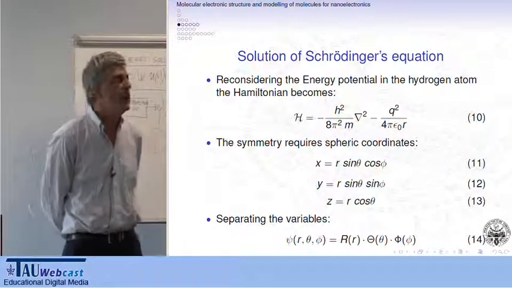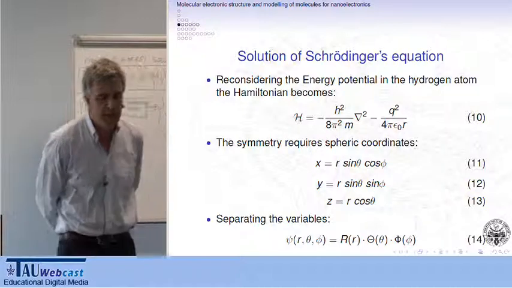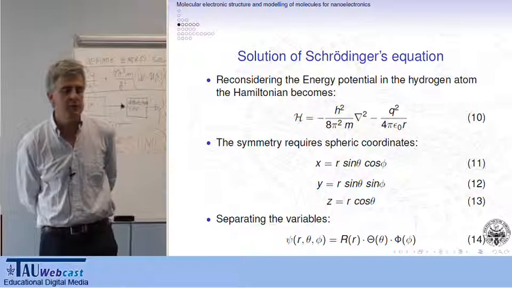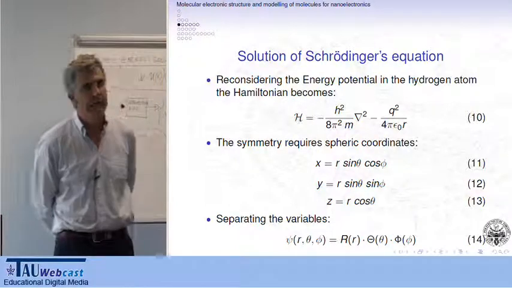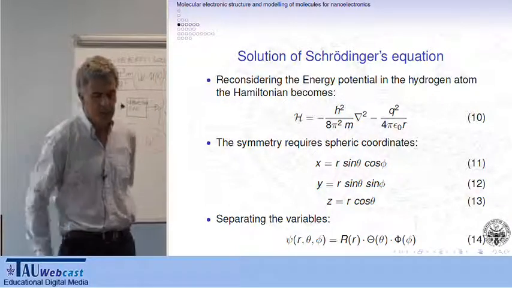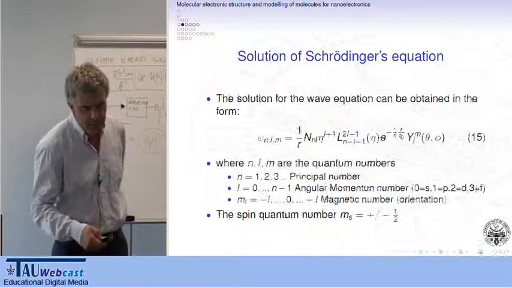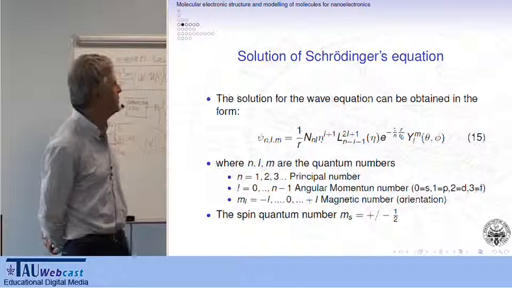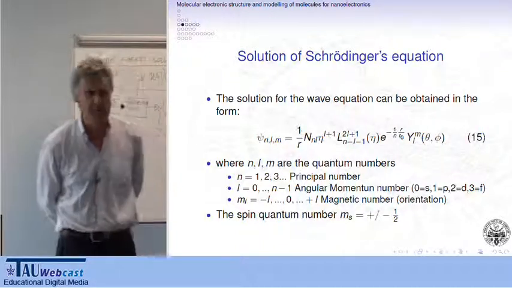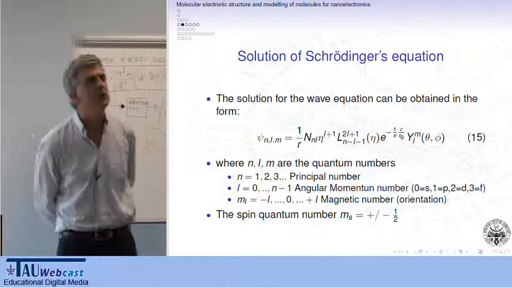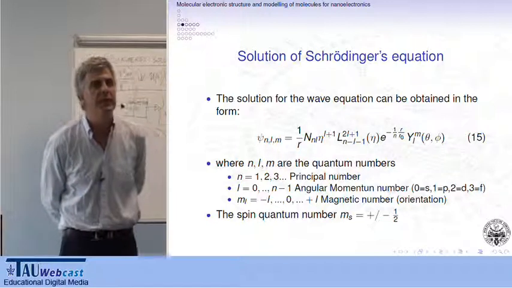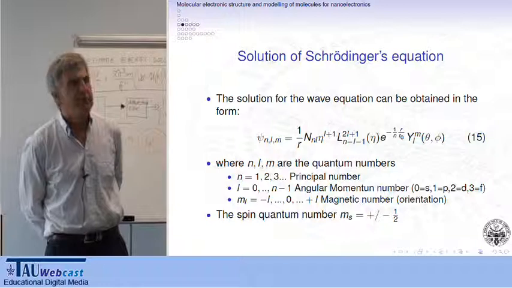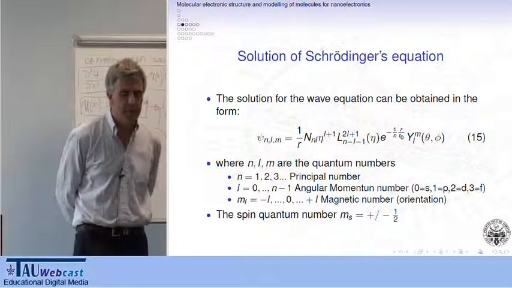It is a good exercise and a good achievement for the last century physics and mathematics. So probably you know that the general solution for that equation is a very complex function, but this function, if you consider it with more care, depends only on three numbers, three quantum numbers.